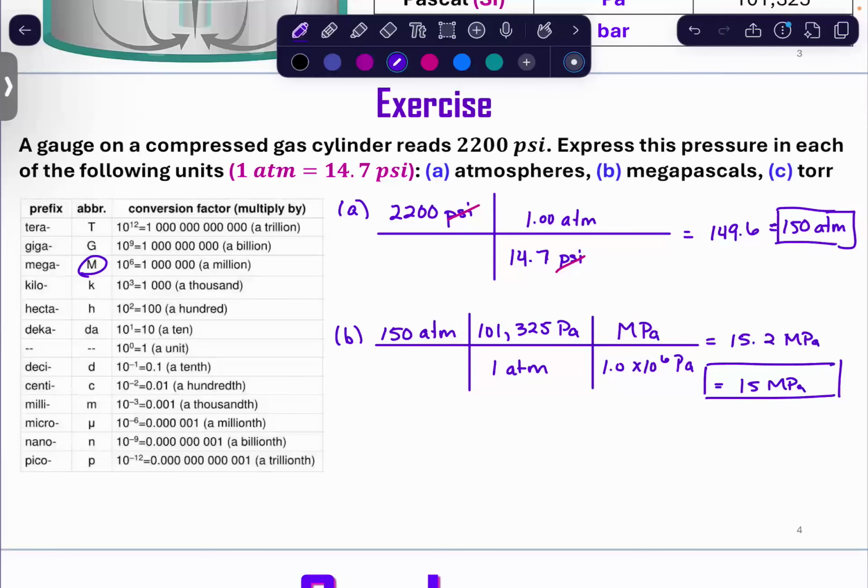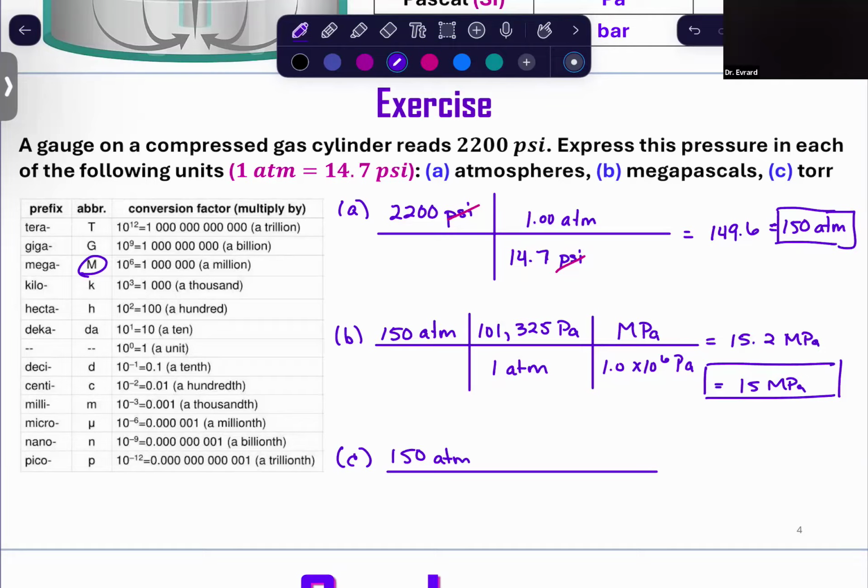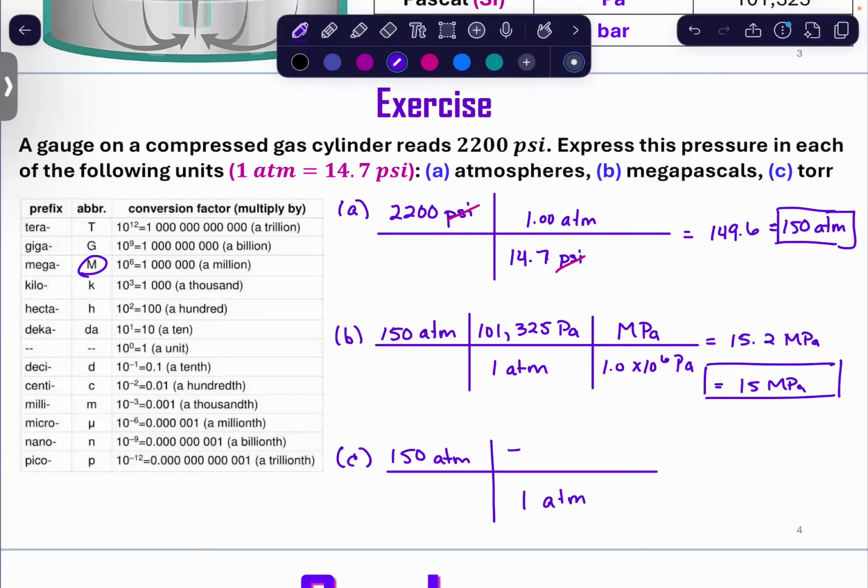All right, in part C, what is this pressure in torr? Well, again, we know that we have 150 atmospheres. And then from our table, we see that one atmosphere is 760 torr.